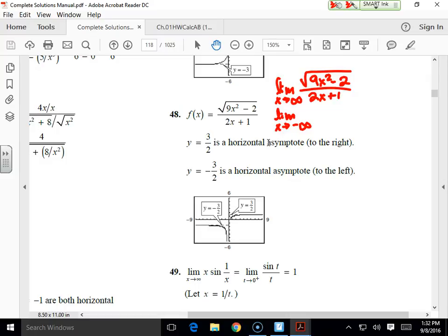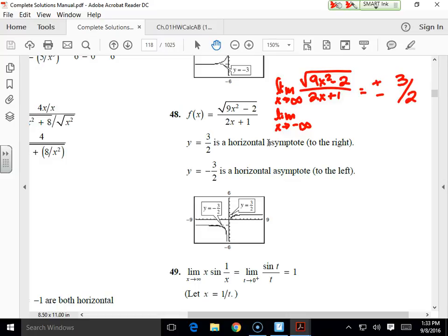If this 2 wasn't there, and as I go to infinity, he's basically negligible. He doesn't really make much of a difference. What would the top be if I square rooted that? 3x. Technically, it could be a plus or minus x. Hence the dilemma with the signs. But 3x and 2x, hey, they tie. So I know that it's going to be 3 halves, but I have to check the sign. Is it positive or negative?